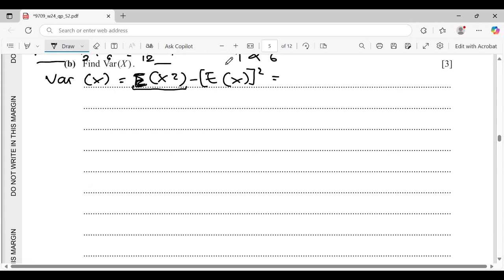For expectation x squared, this is x squared times probability x, minus this, x times probability x.